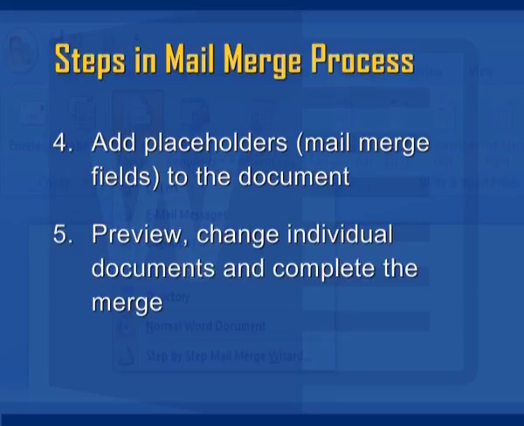When you perform the mail merge, the fields are filled with information from your data file. Step number 5, preview, change individual documents and complete the merge. You can preview each copy of the document before you print the whole set, and you can change individual copies of the document.